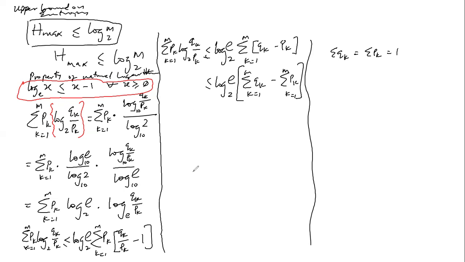The sum of the probabilities, which is the total probability of a distribution, cannot be greater than 1. It's the same as 1. And it cannot be less than 1, right? So if that is true, it means that 1 minus 1 will give us 0 here. So this entire process will reduce to 0. And 0 times this will be 0. So now we are going to be having sigma pk log qk over pk base 2, k equal to 1 to m is less than or equal to 0.